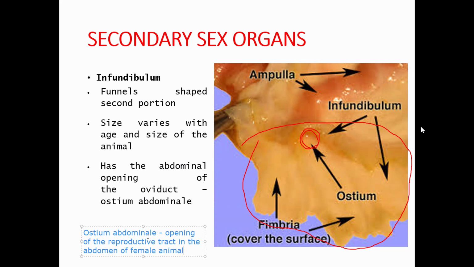So kumbaga, ito yung butas na nakabuyangyang or nakalitaw doon sa abdominal cavity ng babae. Okay? So there is a direct connection in between the two. Pero ang main function niyan is dito yung entrance ng ovulated egg.